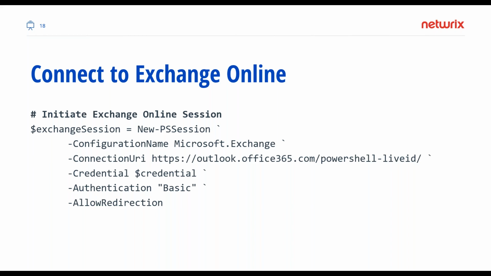So what you would do here is you're effectively connecting up to the cloud to that specific URL that's there, outlook.office365.com/powershell-liveid. And what you're doing is you're passing your credential. So I have created a credential object already. And then the configuration name is Microsoft.Exchange. And what this will do is this goes and creates and initiates an Exchange Online session.